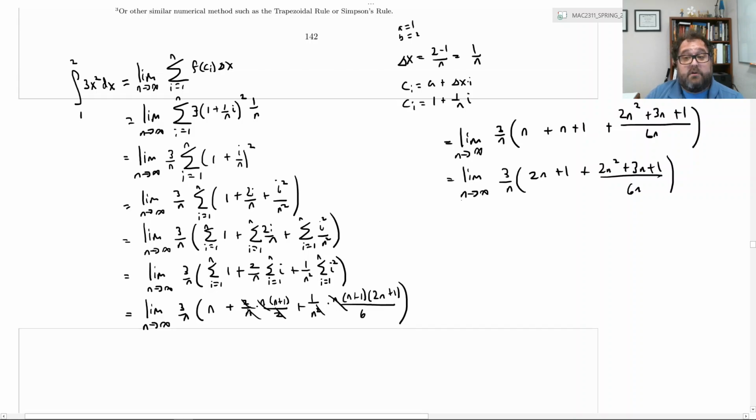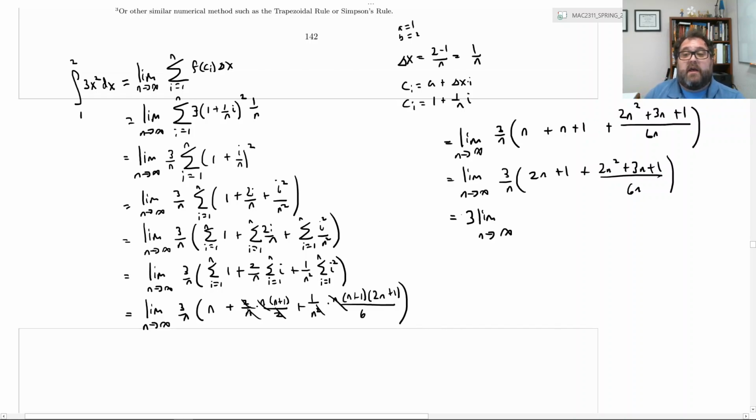And now I can distribute my 3. Actually, I'm going to do two things here. I'm going to factor out a 3 in the limit because that 3 is a constant and we know it can come out of a limit. The n, though, is changing with regard to the limit, so I'm going to factor that into my other terms.